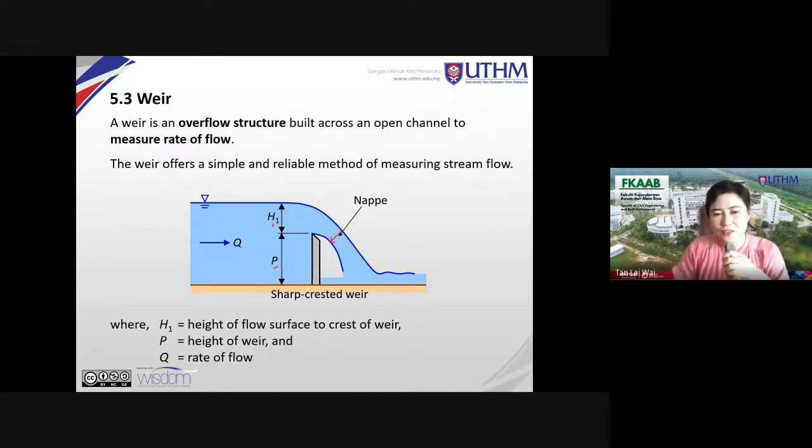Actually, this is the thickness of the nappe, right? If the thickness of the weir crest is equal to or greater than 60% of the thickness of the nappe, then this would be considered as broad crested. So basically we are going to learn about sharp crested weir in this topic.